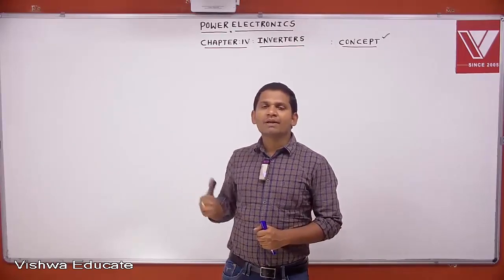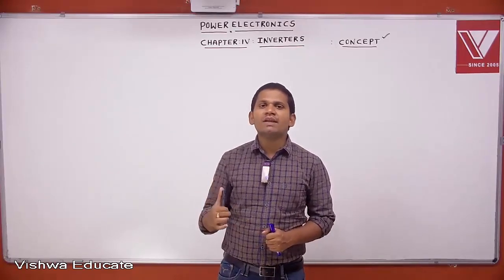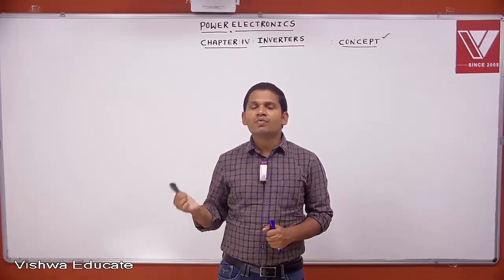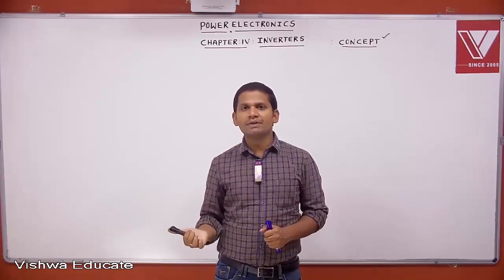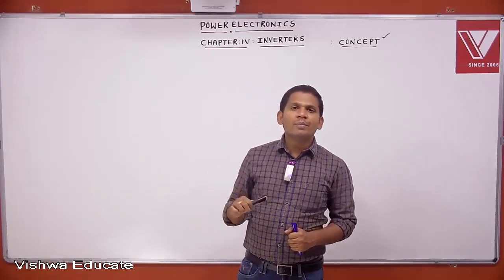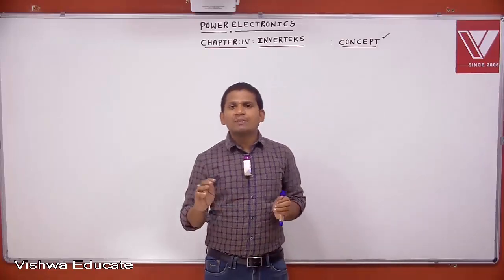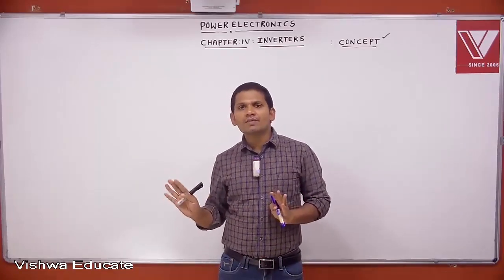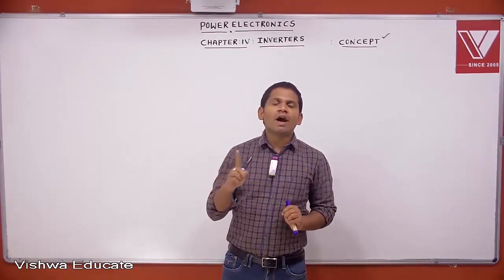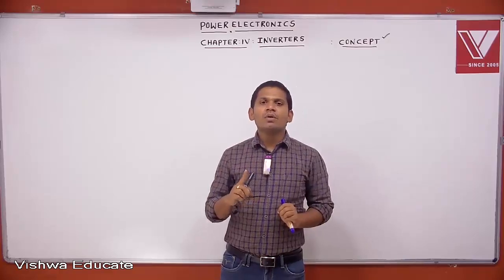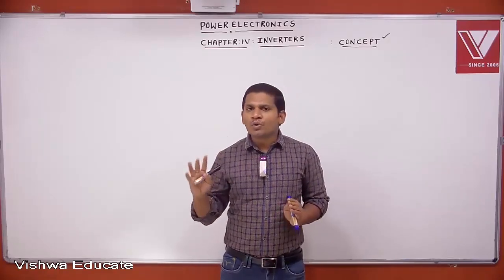Now I want to explain Fourier analysis of single phase bridge inverter, that is full bridge inverter and half bridge inverter. But the point to remember: the difference between Fourier analysis of full bridge inverter and half bridge inverter is only the output voltage.